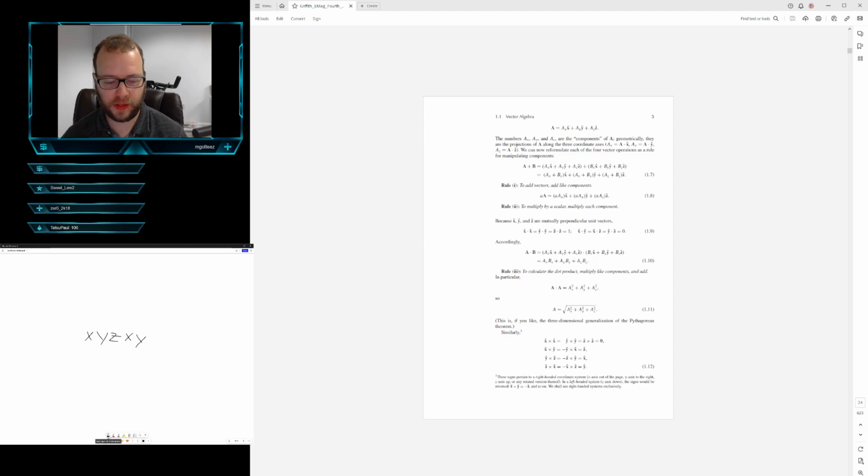So if we have x, y, and z, if you write this little mnemonic out, you can figure out what your resulting vector is. So going from x to y gives you z. Going from y to z gives you x. And going from z to x gives you y. Now, you can go the other way as well.